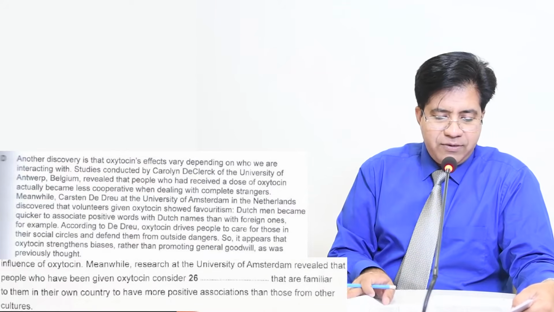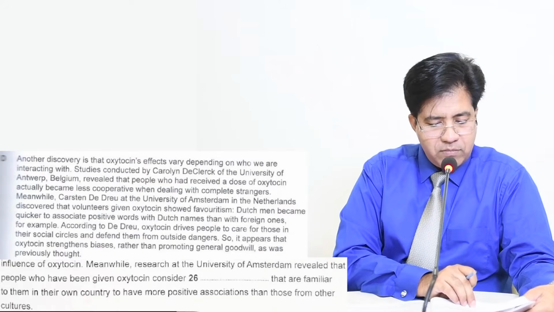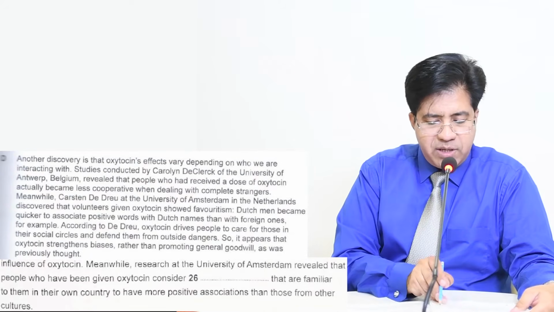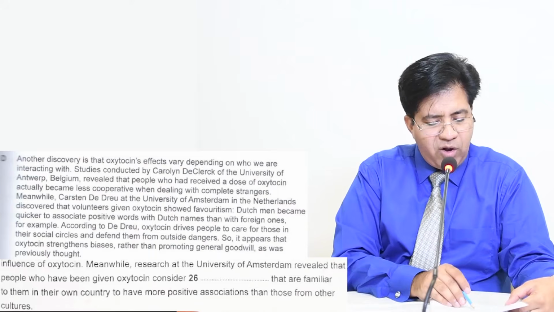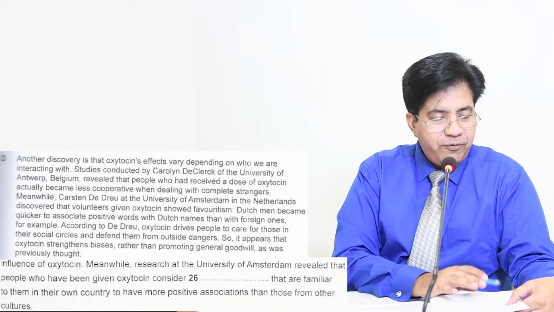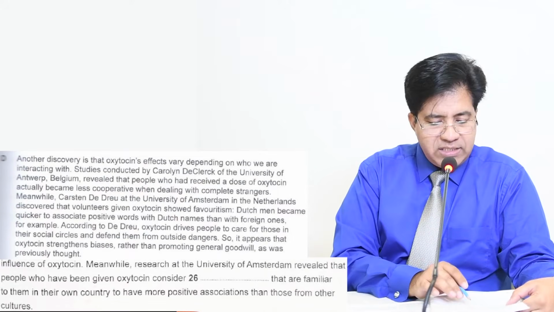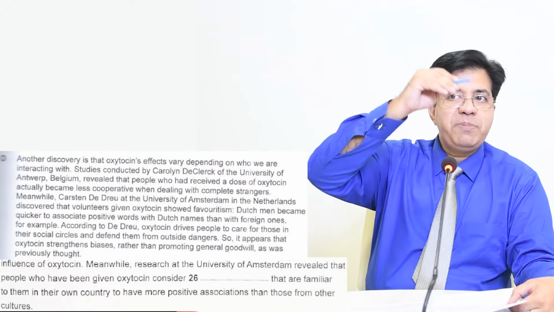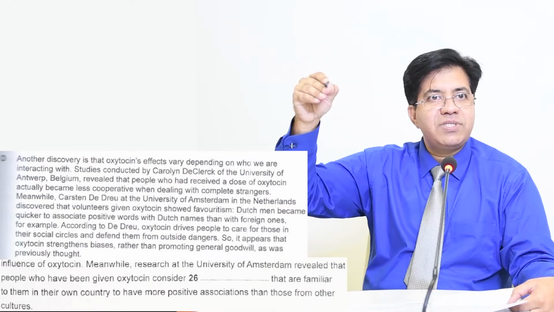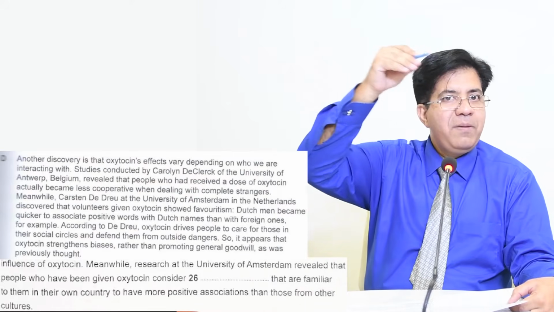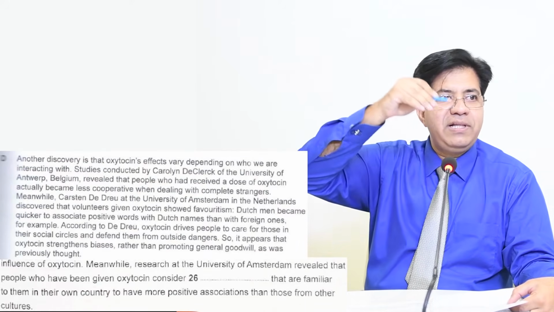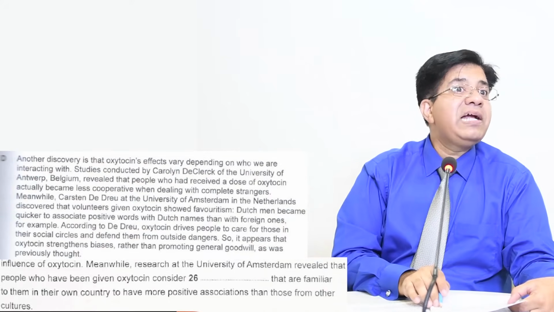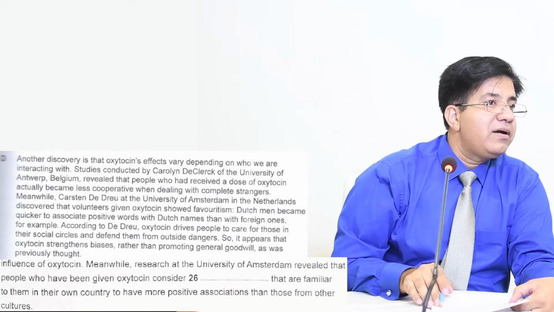Now, let's come back. For example, researcher at the University of Amsterdam revealed that people who have been given oxytocin, for that they use Dutch people, consider dash that are familiar to them. Dutch people, Dutch names. Pakistani people, Pakistani names. Indian people, Indian names. What does that mean? The names that are familiar to them. What is the word for familiar?